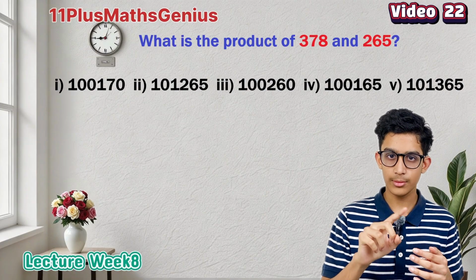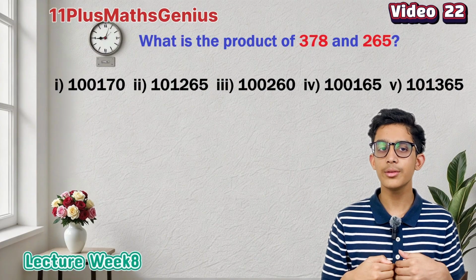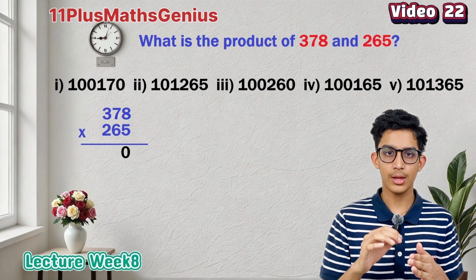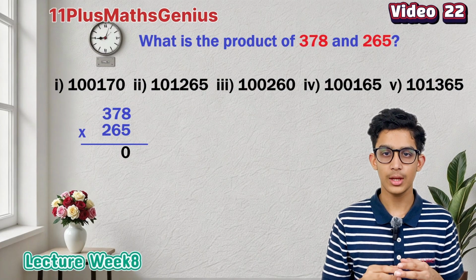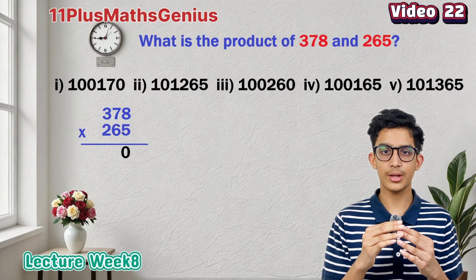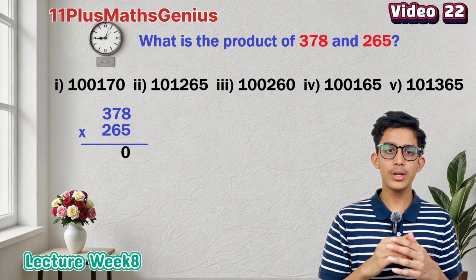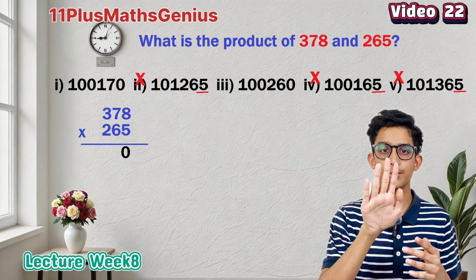Cross out the wrong one in the question paper. Here we know that the ones or the last digit must be 0, since 8 times 5 is 40. Only options 1 and 3 have unit position 0. So we cross out options 2, 4, and 5.